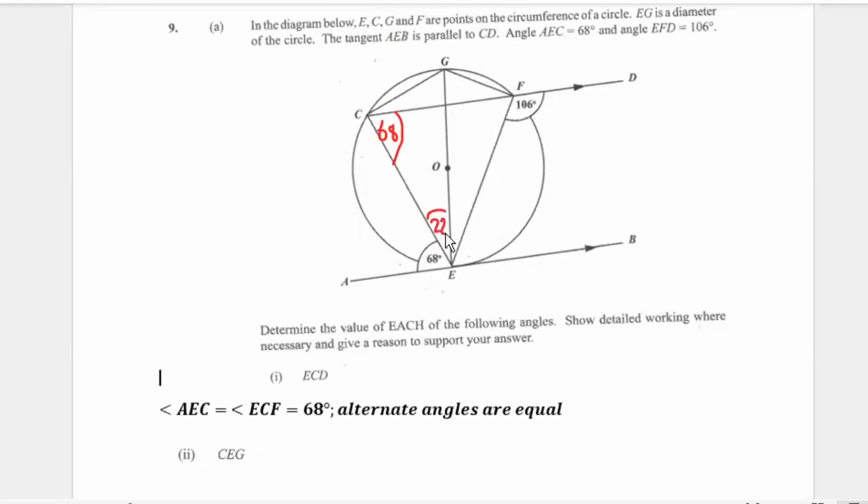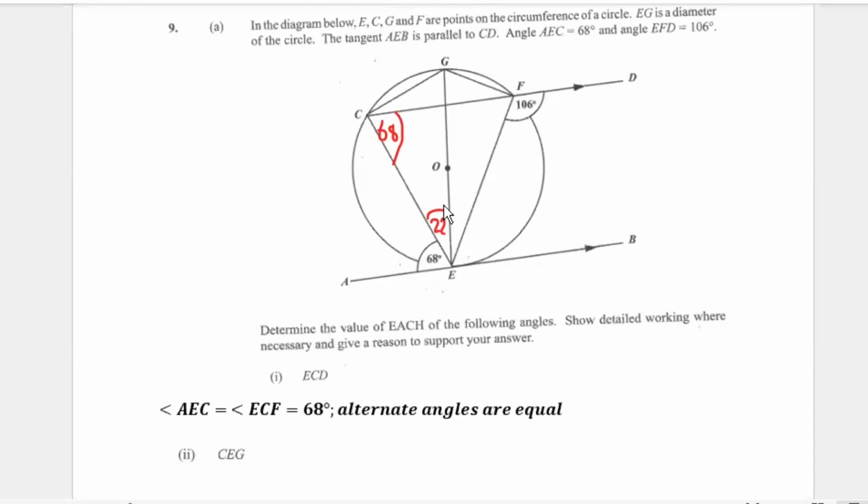Anybody remember about opposite angles in a cyclic quadrilateral? What are they equal to? 180. Yes, so they are supplementary, which means that they are equal to 180 degrees.